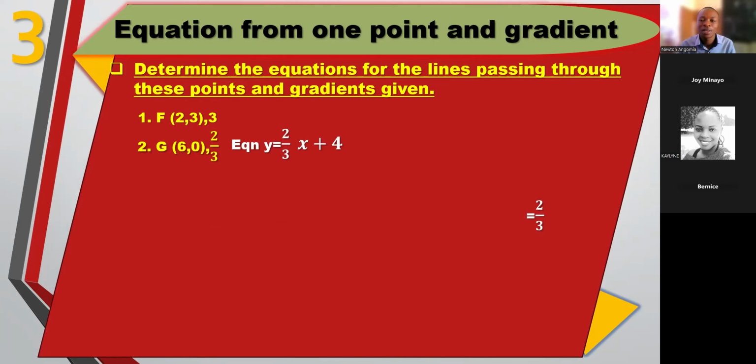So I want you to see if you can arrive at an equation for the first line passing through point F with coordinates 2, 3 and gradient 3. And then the equation for the second line, passing through point G with coordinates 6, 0 and with gradient 2 over 3.